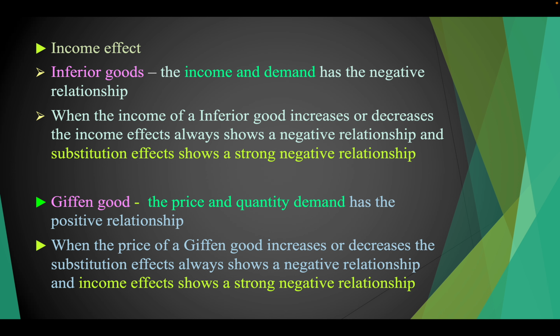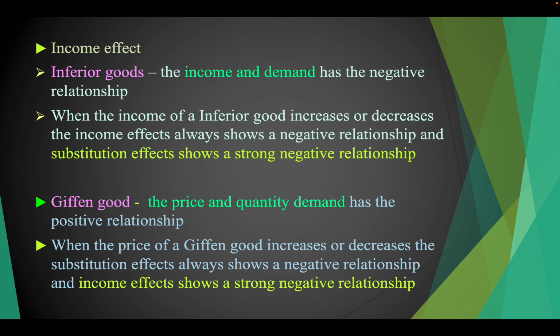So first of all, we have to learn about Giffen goods. For Giffen goods also, there is a substitution effect and an income effect. We'll learn about that. A Giffen good means an exception to the law of demand.